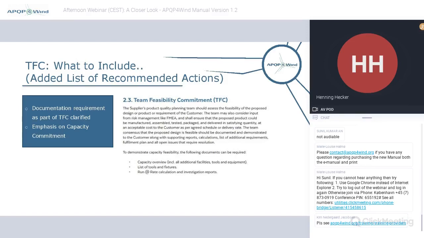So that's why this recommended documentation is right now included under 2.3 team feasibility commitment.